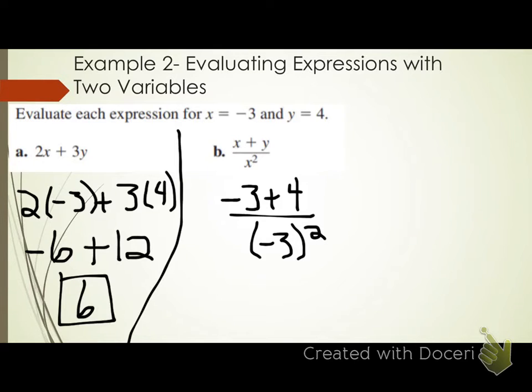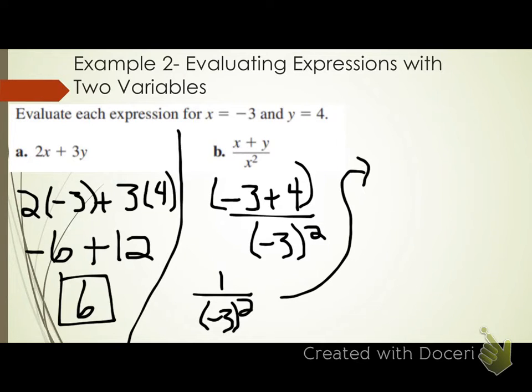I'm going to put some grouping symbols around the top, because one of the first things we need to do is evaluate the top. So what's negative 3 plus 4? 1. There's my grouping symbols. Do I have any exponents I need to take care of? Yes.